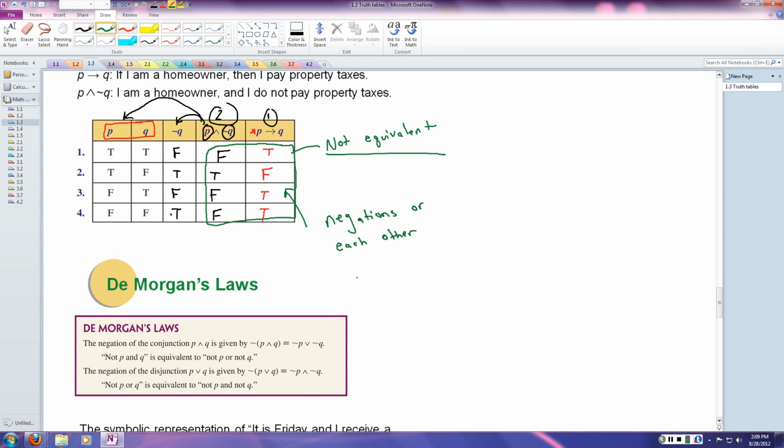So if I negate P and not Q, that is equivalent to P implies Q. And if I negate P implies Q, this is equivalent to P and not Q.